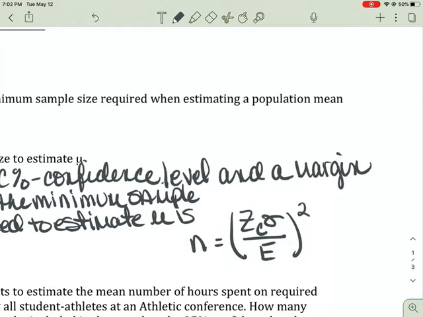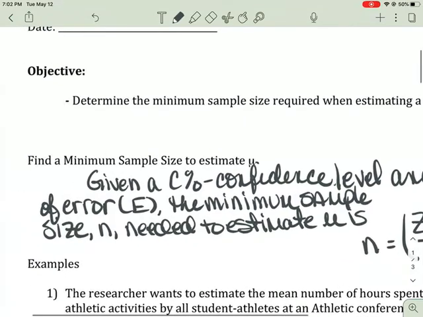Okay, so you want the Z score that corresponds with the confidence level, the standard deviation that's given to you in the problem, and the E, which is going to be the word within.